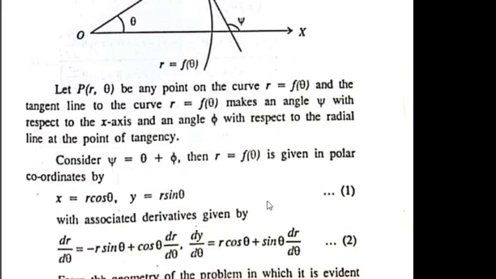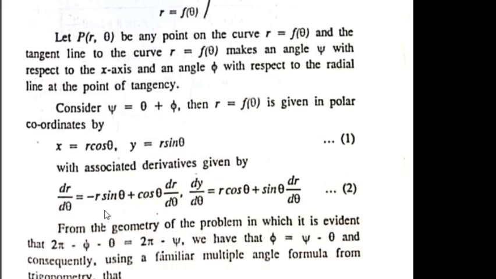Then r is equal to f of theta is given by polar coordinates. So put x equal to r cos theta and y is equal to r sin theta, then we differentiate with respect to theta.